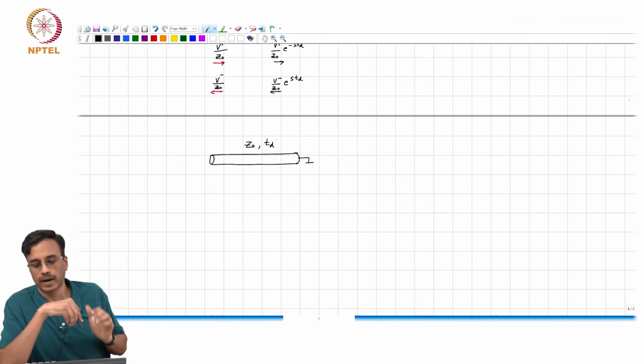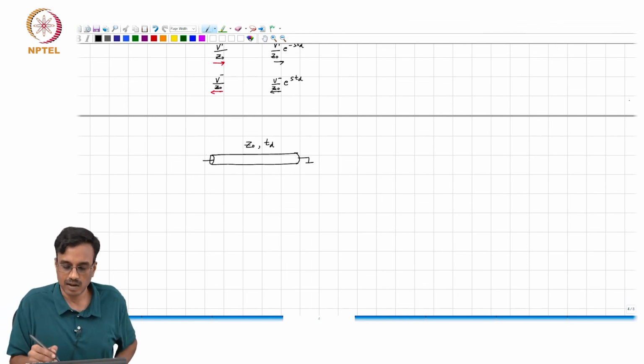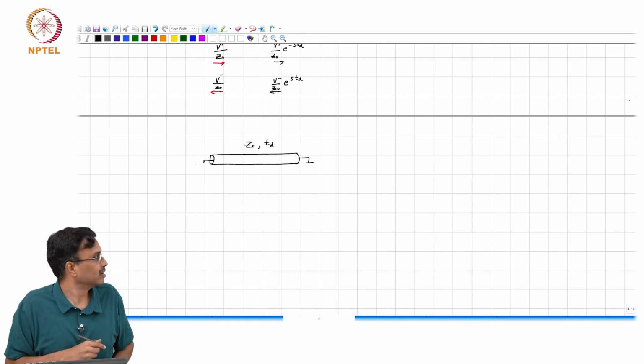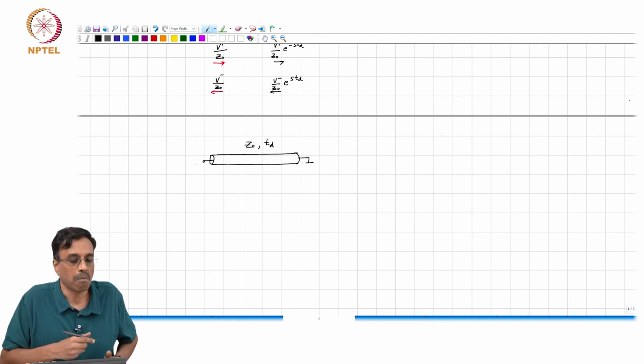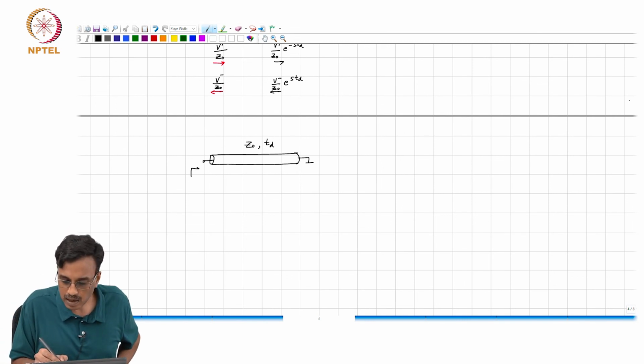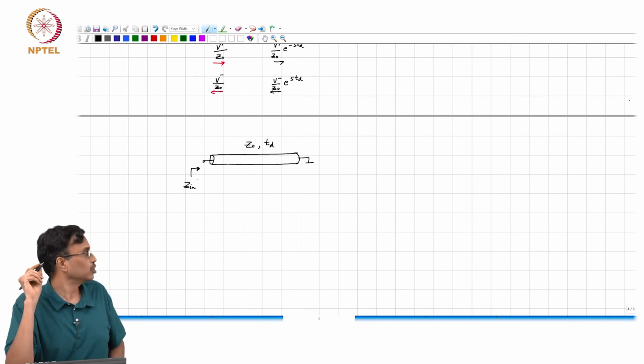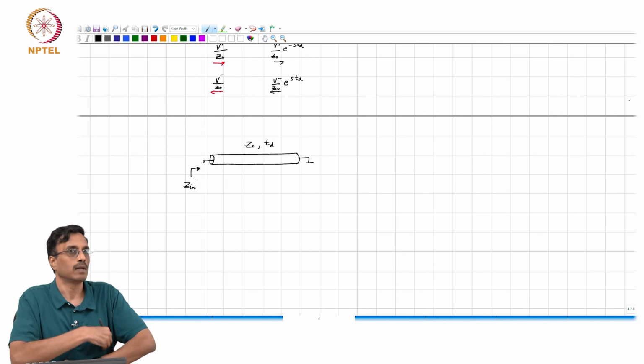Okay, all right. So, now let us try and see, we have a transmission line with this characteristic impedance and delay. I short the other end of the line. What would be the impedance looking in here? So, what do we do?